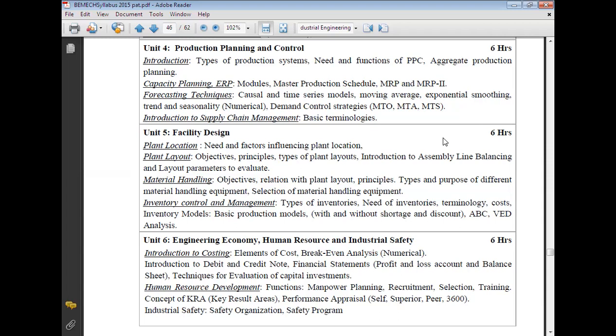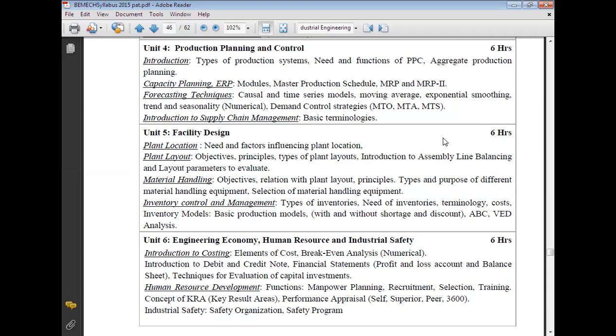Unit number 6 is engineering economy, human resource, and industrial safety. So in this, first part is introduction to costing, elements of cost, then break-even analysis. Here in this break-even analysis, we will be discussing the different numericals on it.